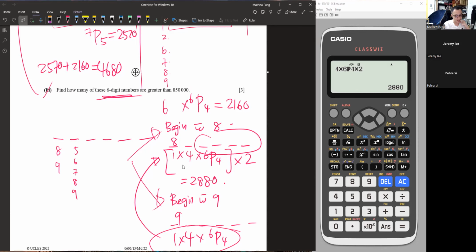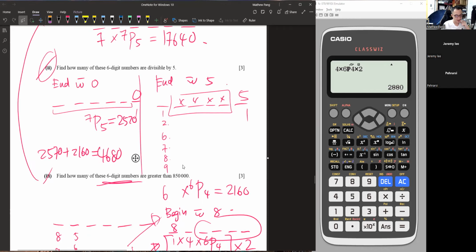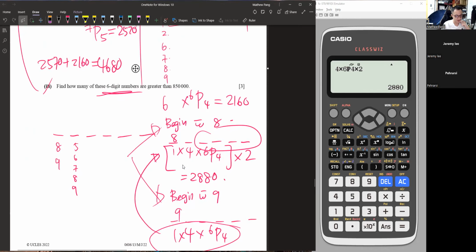Start with 8, start with 9. I have 4 choice. 8 digits, I use 2 digits, I still have 6 digits. I choose 4 to arrange.